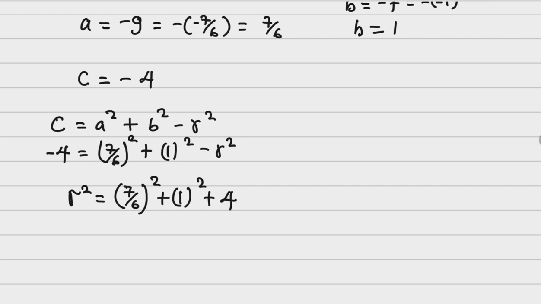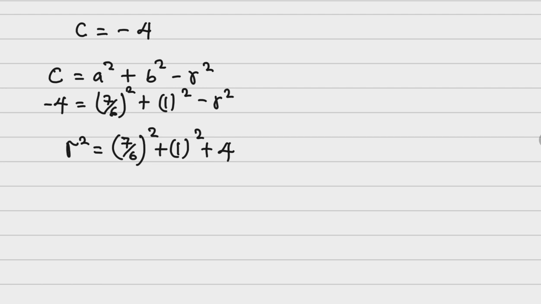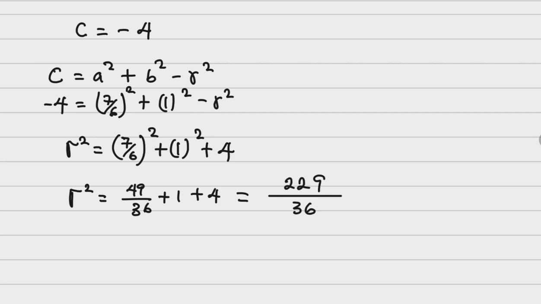All right, so therefore my r squared is now going to be 49 by 36 plus 1, then plus 4. Now, doing it well, we find our LCM to be 36, and combining everything, you're going to get 229 over 36.